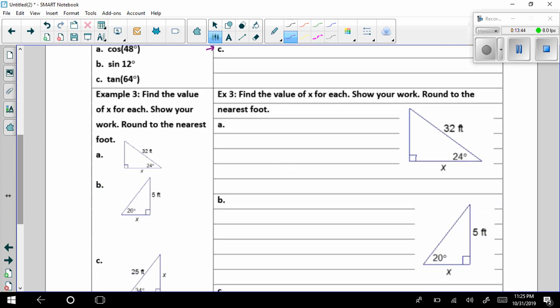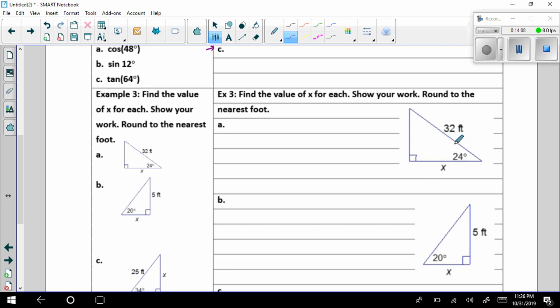Okay. The other thing that we can do with these trig functions is set up proportions and ratios to solve for missing sides. And we'll talk a little bit about later how to find missing angles in a triangle the same way. So I know we have Pythagorean theorem to find missing sides, but you have to have 2 sides in order to solve it with that.